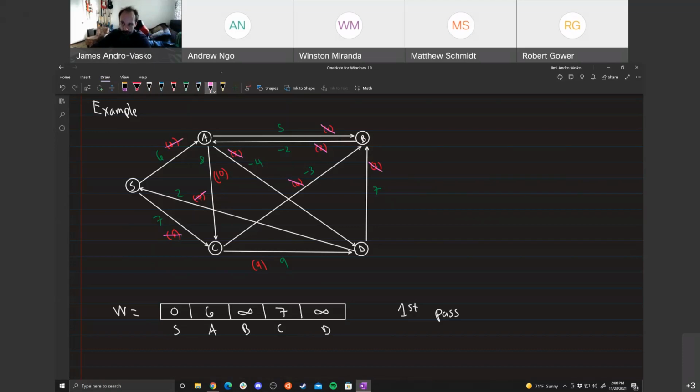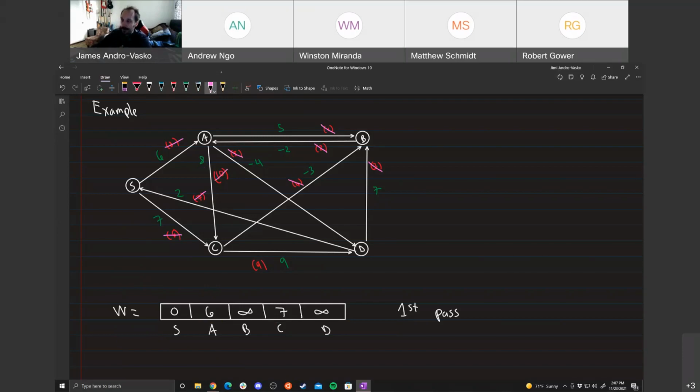Then our next edge: A has a weight of 6 plus 8, the weight from A to C, for a total of 14. That's not better because C has 7, so we can't relax C. We'll keep it like that.